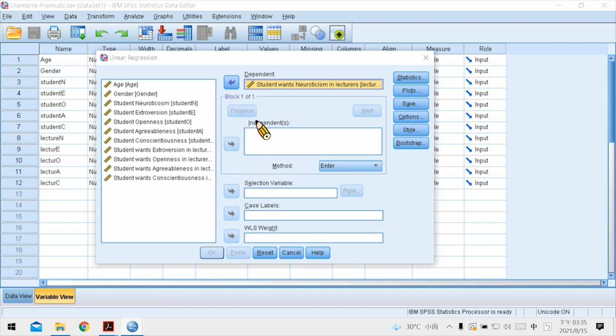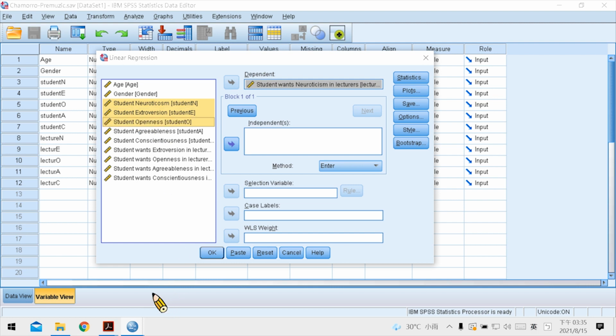And the first stage is age and gender. First age. And the second stage, you create next. You put the student nutrition and the student extroversion and the student openness.